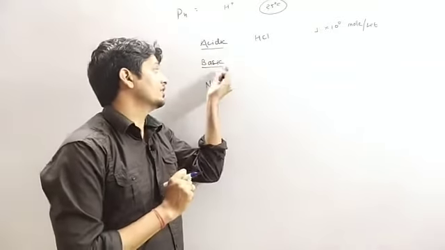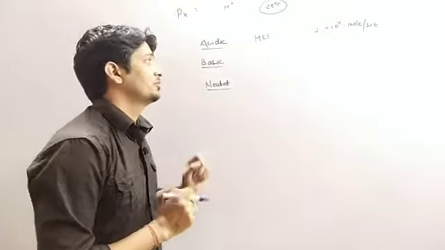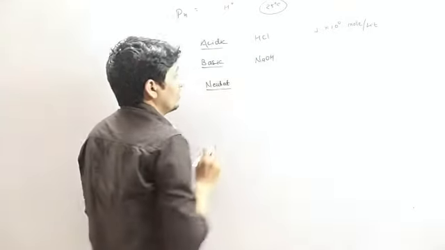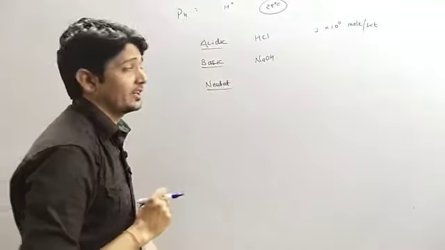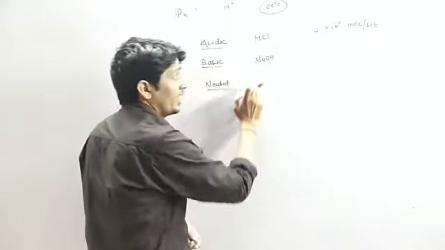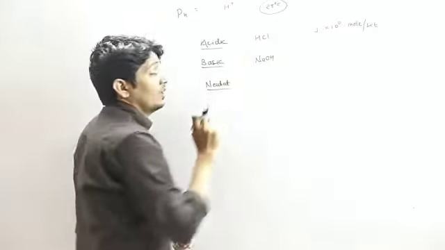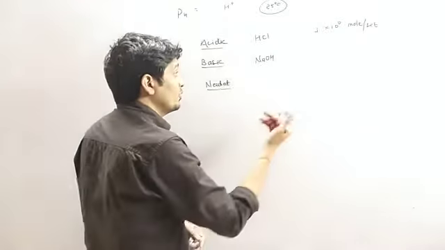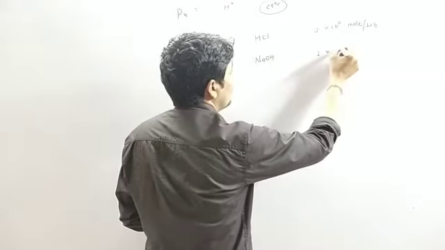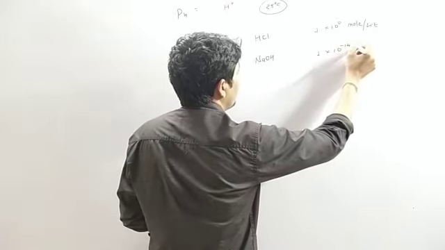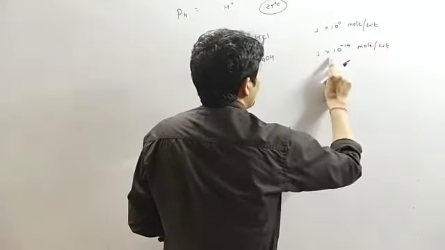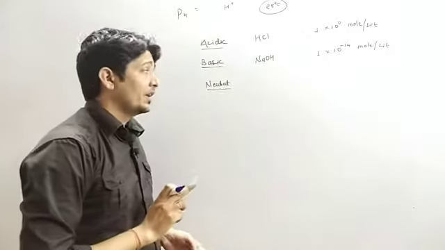If we look at a basic substance, like NaOH, which is sodium hydroxide, when it dissociates at room temperature in water, it forms 1 into 10 to the power minus 14 mole per liter.